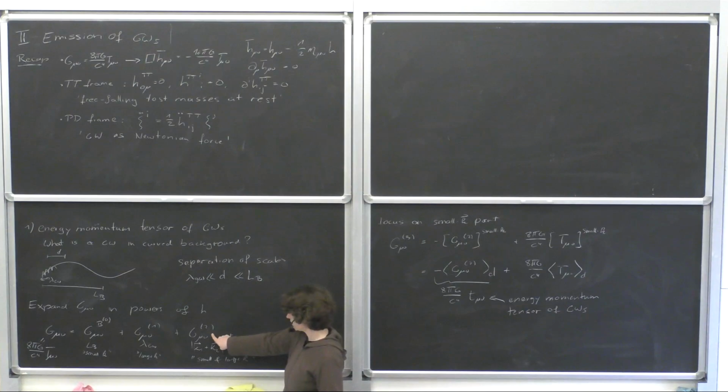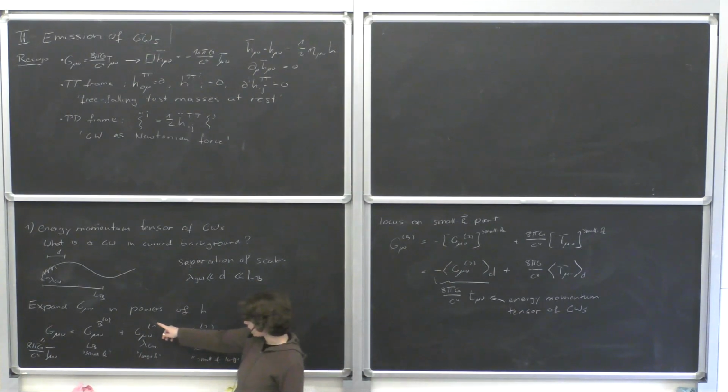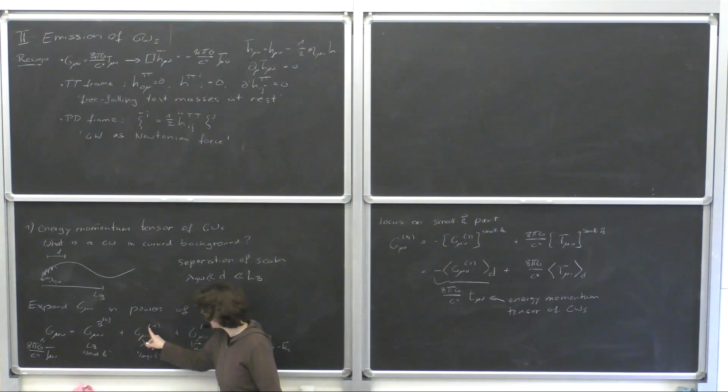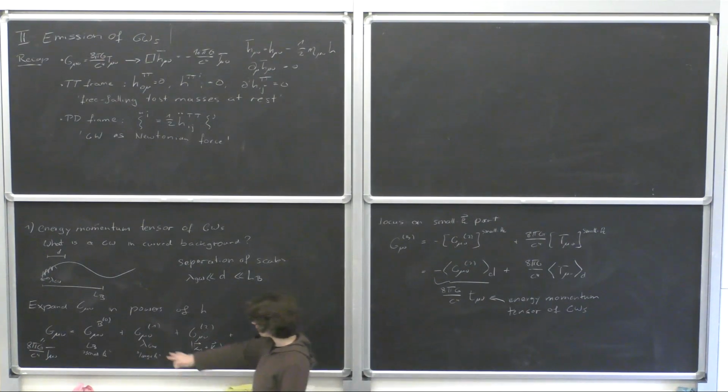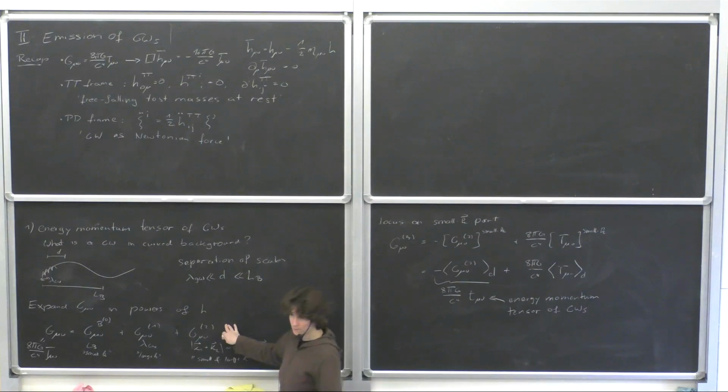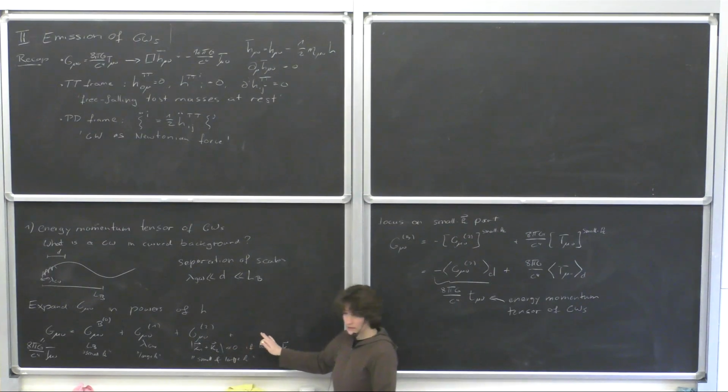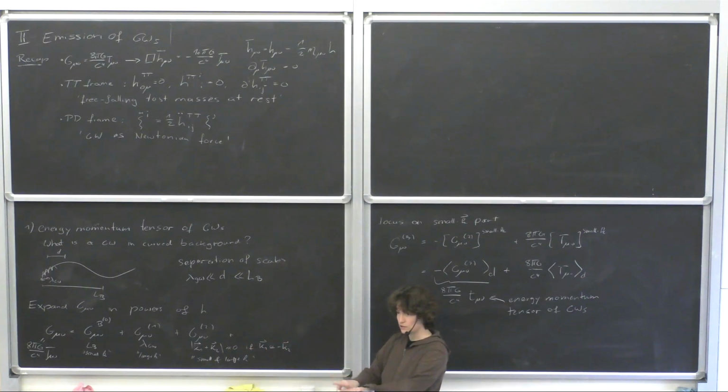Right, so here I'm just expanding in powers of h. These indices are how many powers of the gravitational wave I have. So this is just the background, this is linear in h, this is quadratic in h. Now if I have something quadratic in h, it means I have two plane waves that each have a wave vector, k1 and k2, and I just have the product of the two.